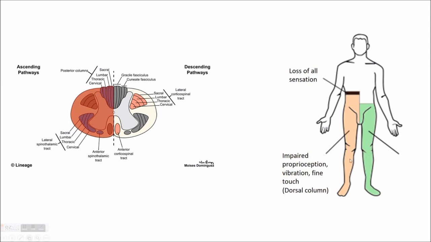However, when we look at the spinothalamic tract, which is responsible for pain and temperature, these nerve fibers decussate in the spinal cord, so they're able to cross over and ascend to the brain, so it's not affected on the side of the injury. However, on the contralateral side, pain and temperature and crude touch would be affected. So this, I hope, made some sense to you.